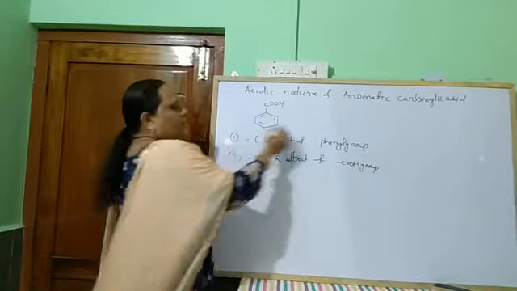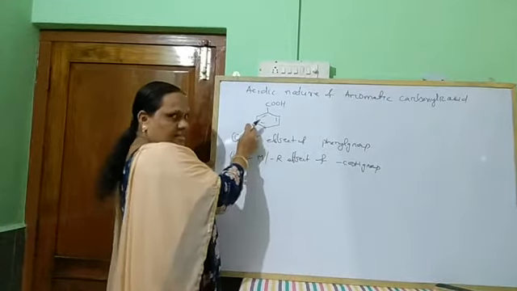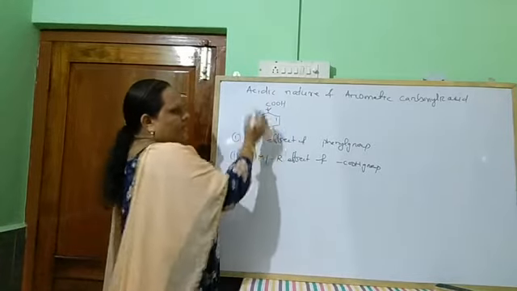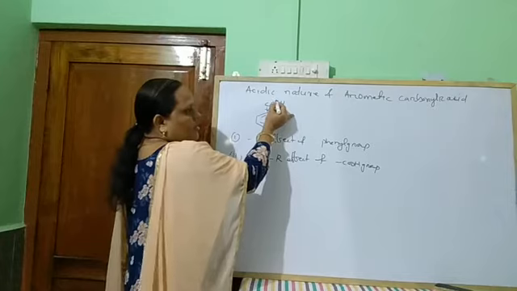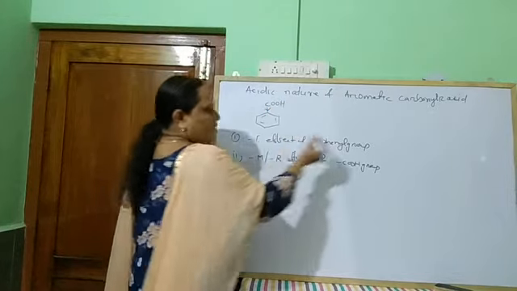So due to the minus I effect of the phenyl group, the acidic strength slightly increases. This group withdraws electrons towards itself. It tends to decrease the electron density of the oxygen atom, for which the acidic strength increases.